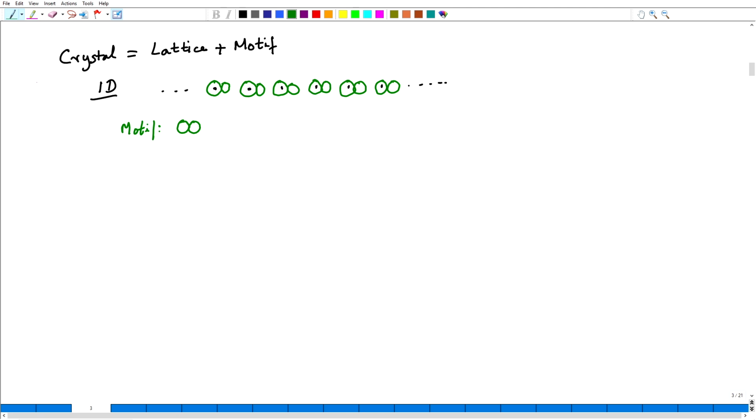Now, a motif need not be the same atom itself. Let us consider a second motif which is something like this. Now, I have a motif of two different atoms, one is a green colored atom, the other is a red colored atom. Let us take this example as well.